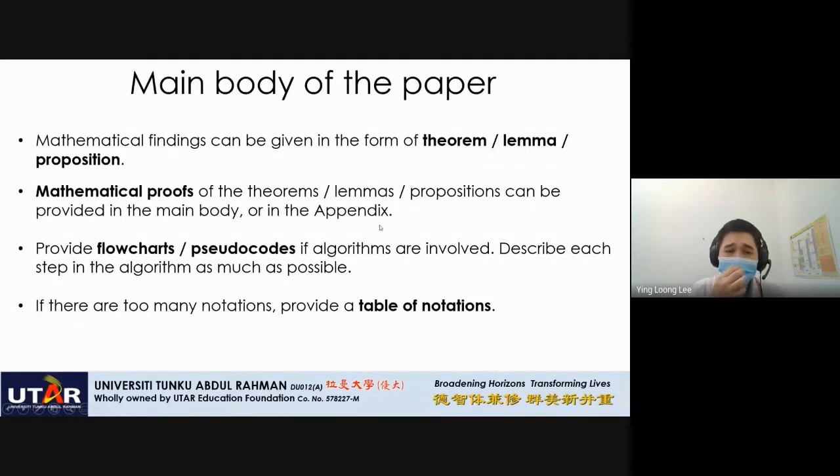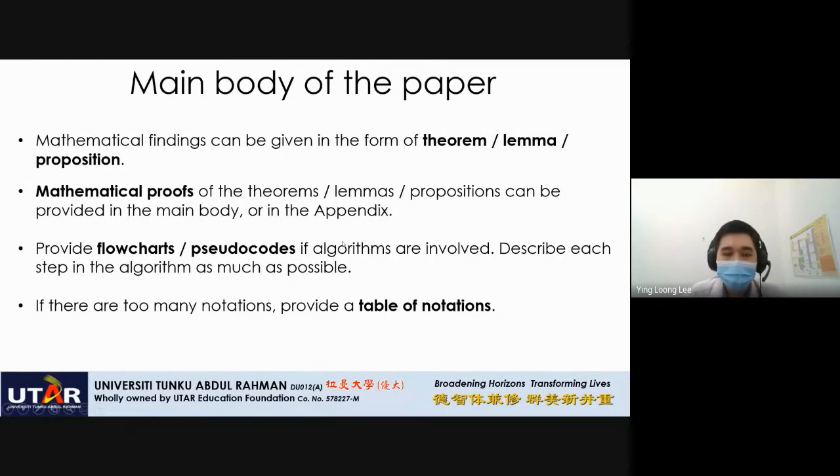If the proof is not so necessary in the main body, you can put it in the appendix. But if the proof is crucial for understanding some other theorem or some other part of the description in the main body, then you can put it in the main body.